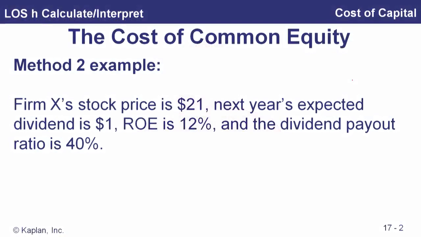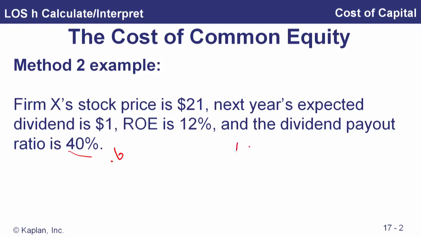So let's look at some numbers for this method. Firm X's stock price is 21. Next year's expected dividend is 1. ROE is 12%, and the dividend payout ratio is 40%. Well, we can get the retention rate from 1 minus that. Our retention rate is going to be 0.6.